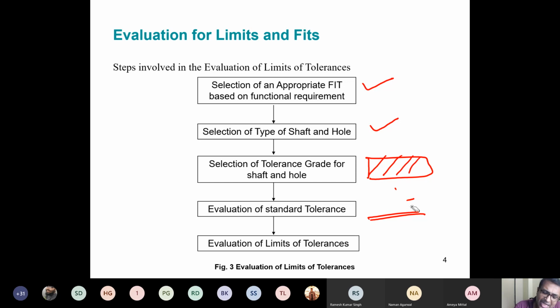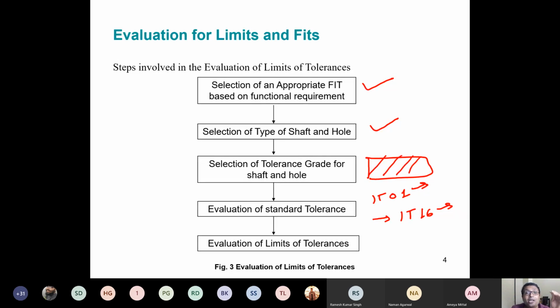And then based on that, there are various grades. There are IT 01 to 16. IT01 is the tightest and 16 is the largest. These very tight grades are only used for gauges, for measuring devices.